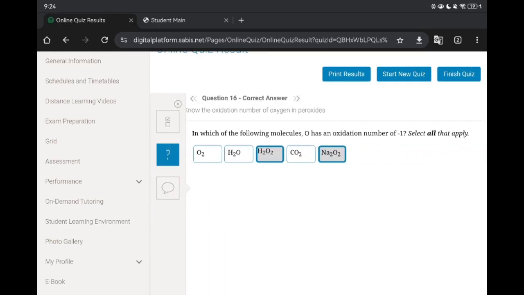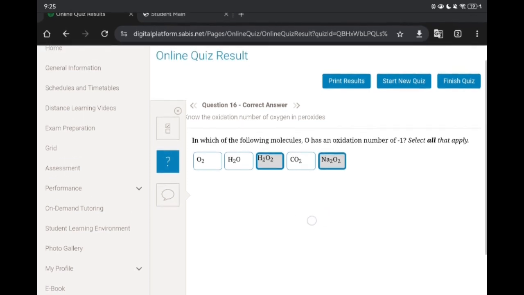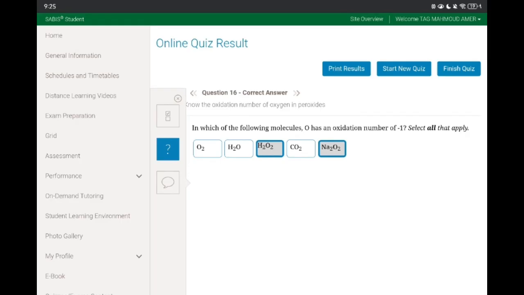In which of the following molecules does O have an oxidation number of -1? Sorry, in peroxides it was -1, not +1. So this is what I was talking about as a peroxide. Something 2O2, like that. For example, Na2O2, H2O2. Here it's 0 because it's an element.